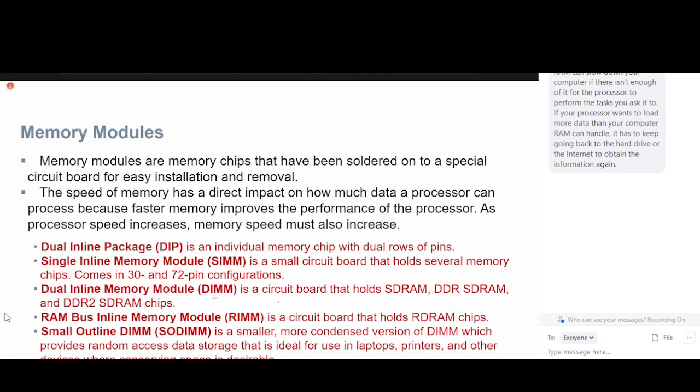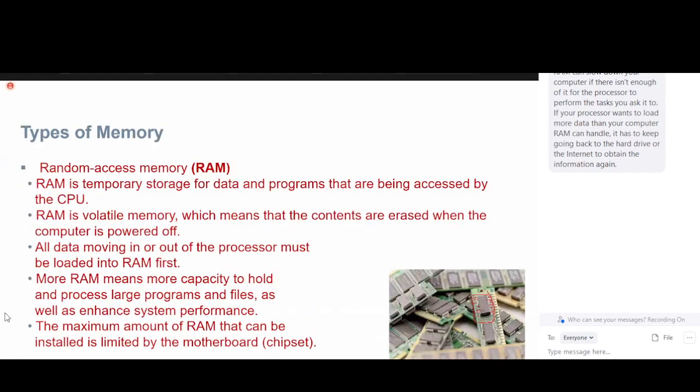SIMM is basically a small circuit board that holds several memory chips, and it comes in 30 and 72 pin configurations. Dual inline means we have connection at both sides, right? So if you ever see the memory modules, this is one memory module.